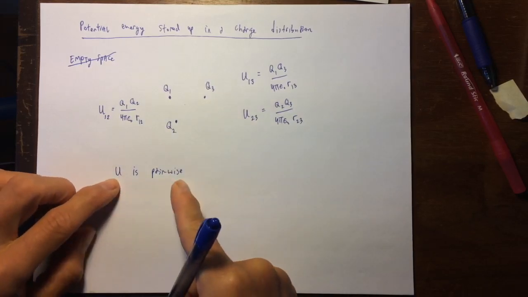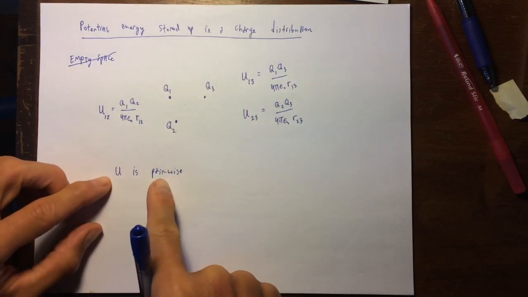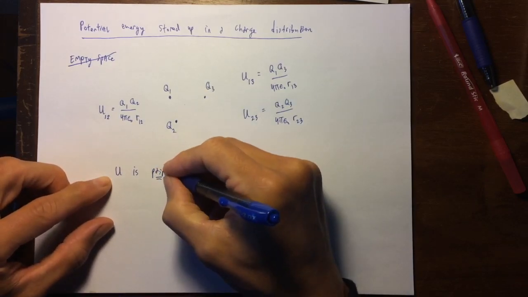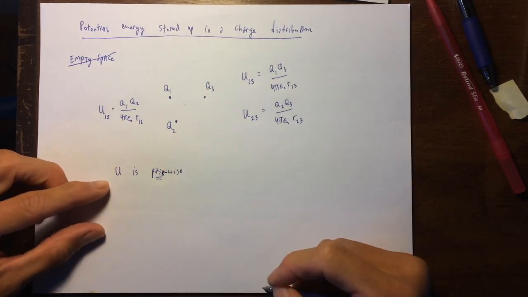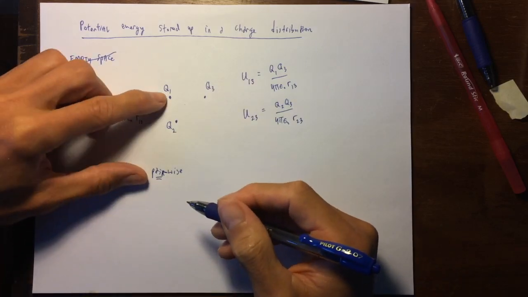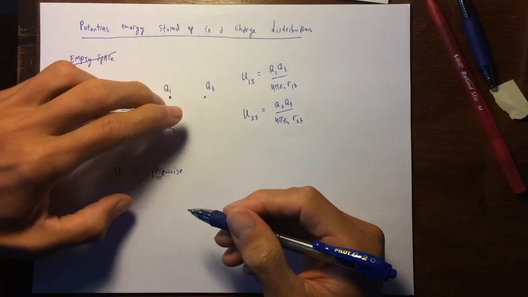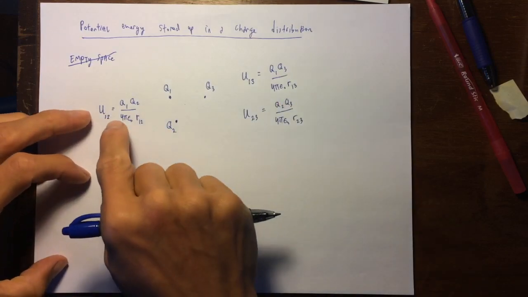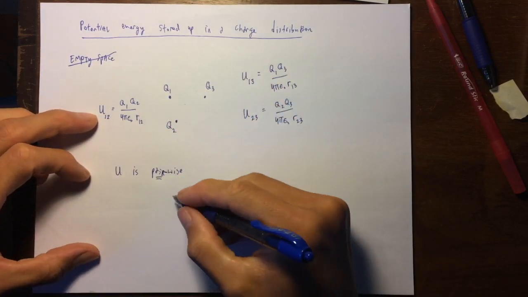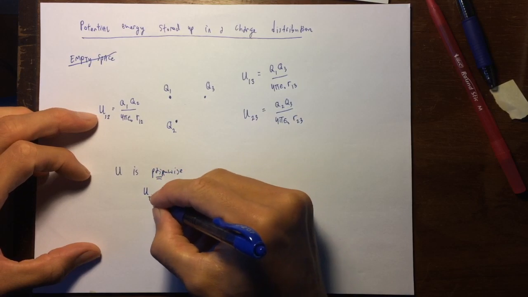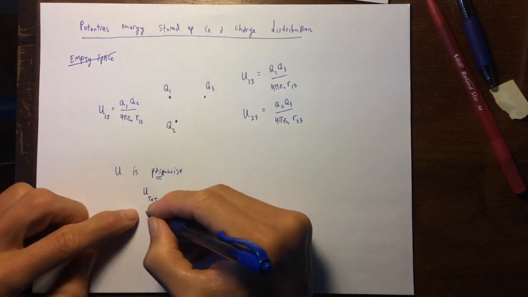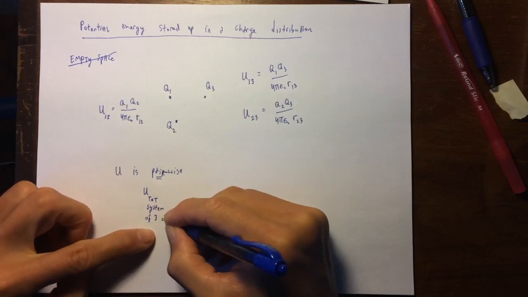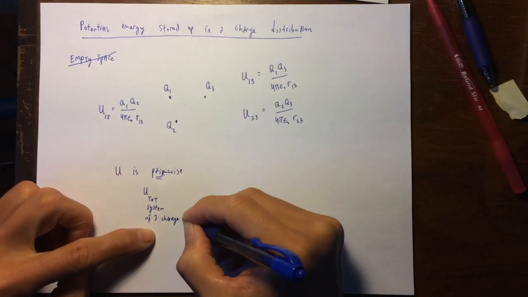So U is pairwise. So this potential energy function is pairwise. That is, I have to pick pairs of particles. And in 3 particles, I have 1, 2, 3 pairings. So I have to put in 3 potential energy functions. So the total potential energy for this system of 3 charges, right?